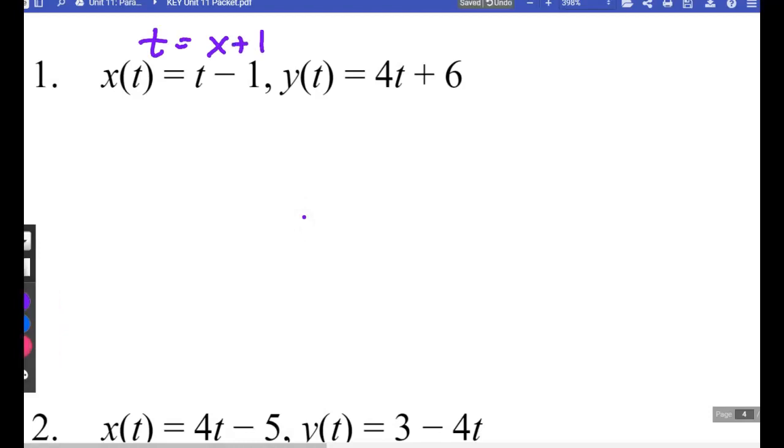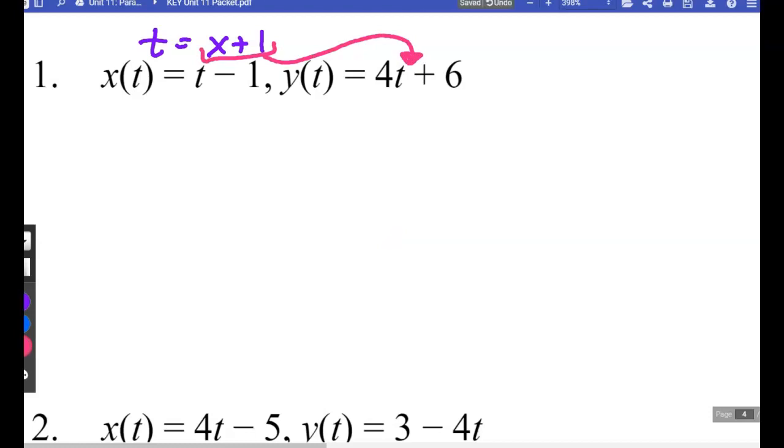Does anyone have a guess as to what we can do from here to make this a rectangular equation only in terms of x and y? What can we do next? Yes, exactly. Wherever we see a t in the other equation, we're going to substitute x plus 1.